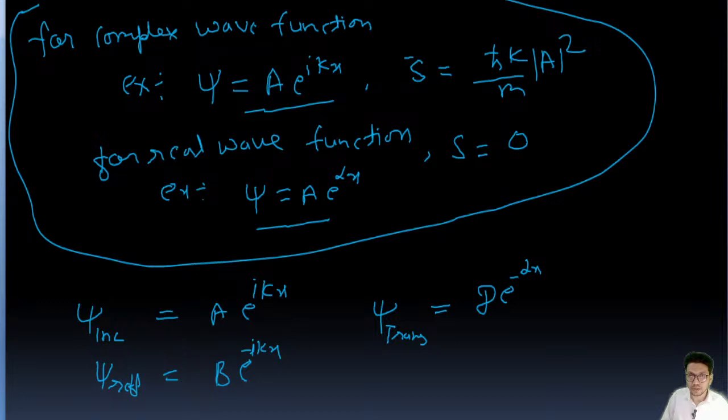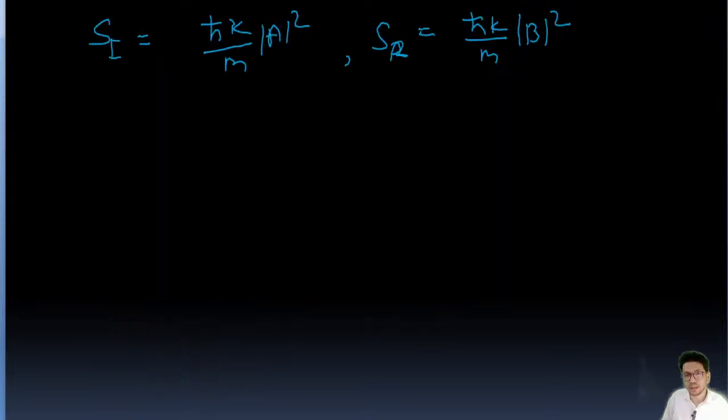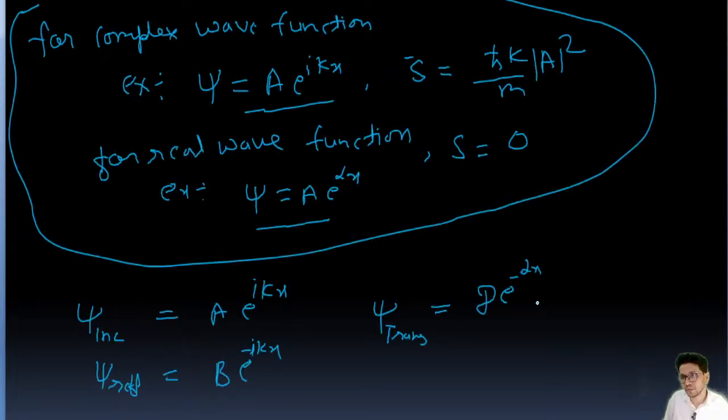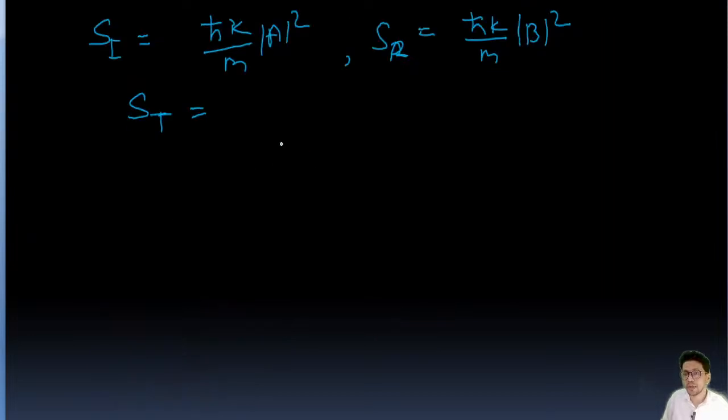And S T, the transmitted probability current density, is going to be 0 because this is a real wave function, there is no iota term.